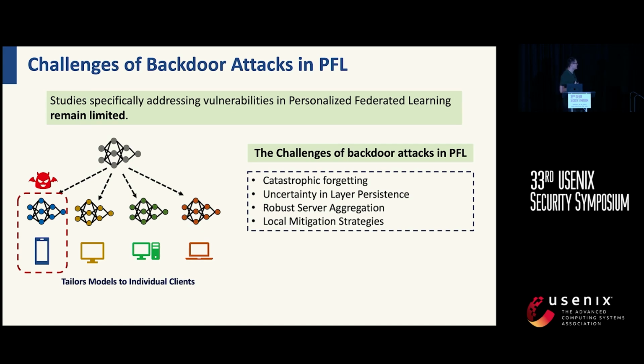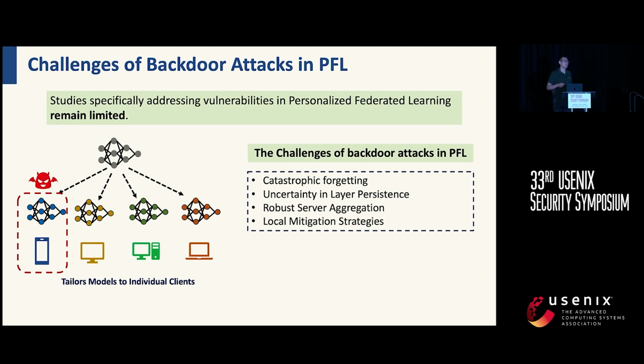One is catastrophic forgetting. As we mentioned, there is further fine-tuning at each client, so this may cause a forgetting effect of the backdoor injected by the malicious client. Also, there is uncertainty in layer persistence.